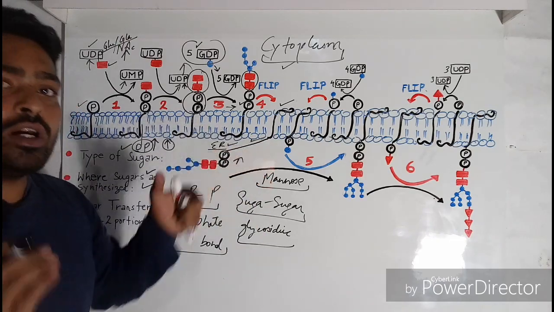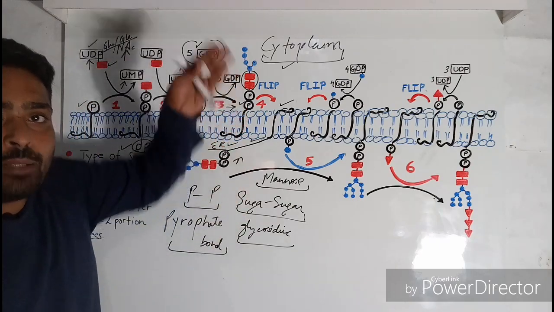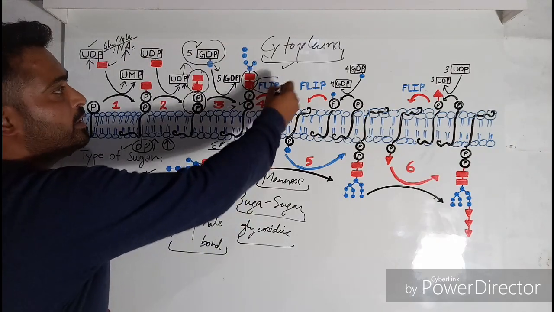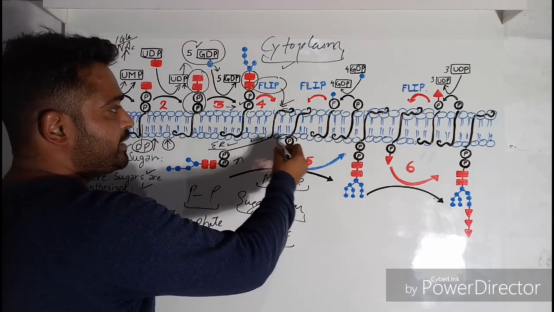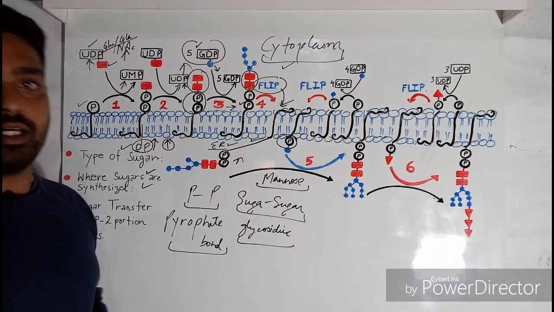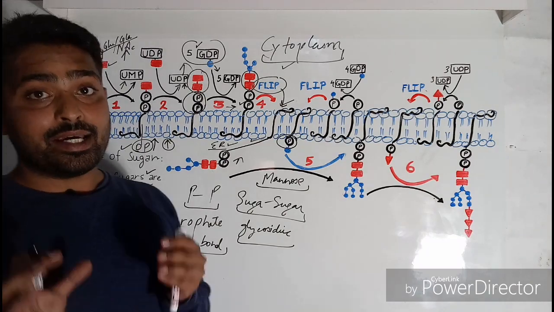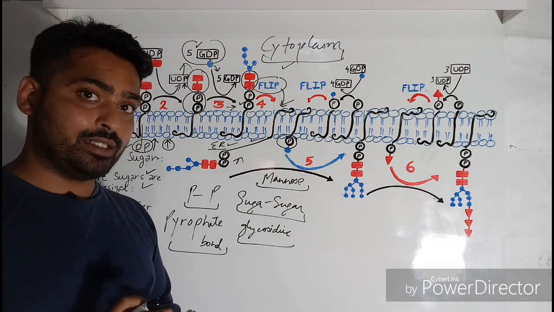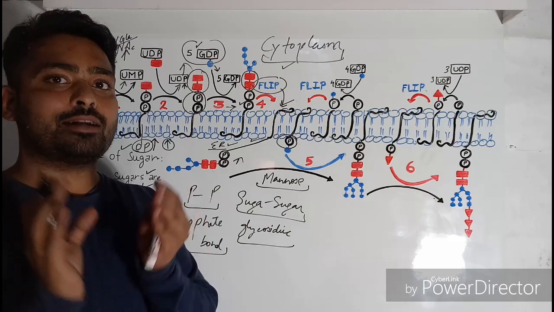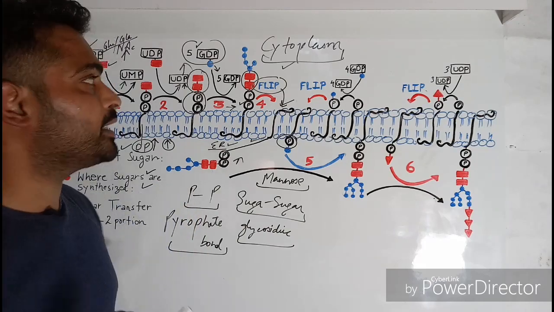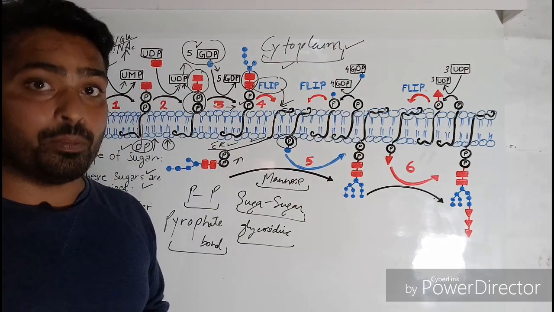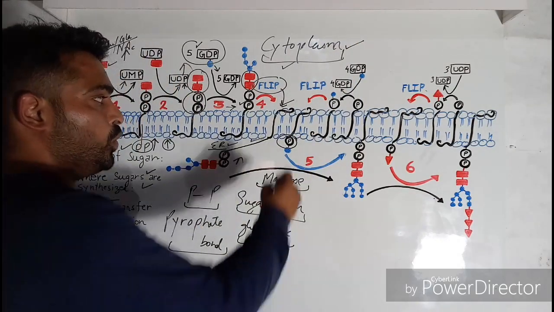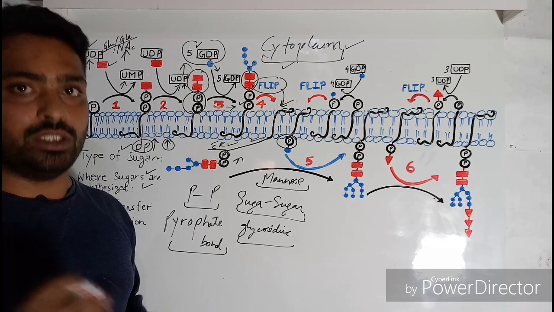Now it is the turn of the transfer of the sugars to the Dolichol phosphate on the luminal phase of the ER. So what we would do, we flip this. Here we flip Dolichol phosphate. Now this phosphate is facing the luminal side. But the thing here is that initially I told you that all the carbohydrates are synthesized or formed in the cytoplasm, but we want them on the luminal phase of the ER.